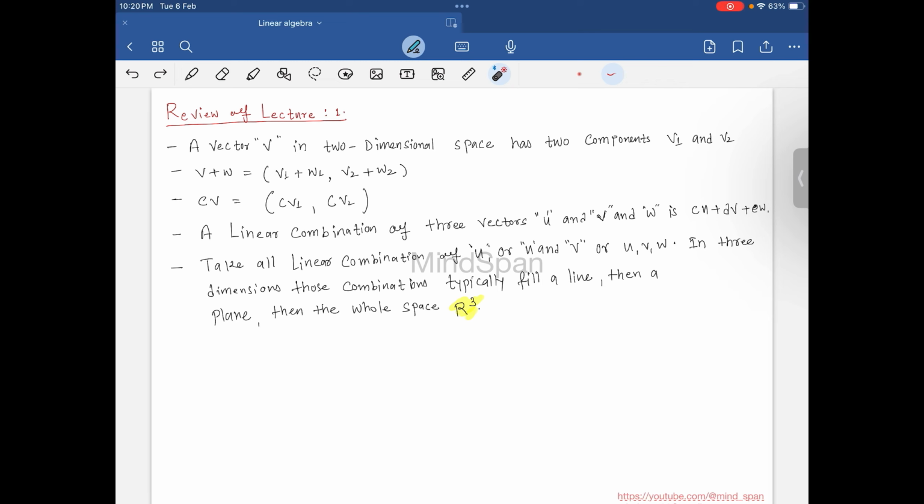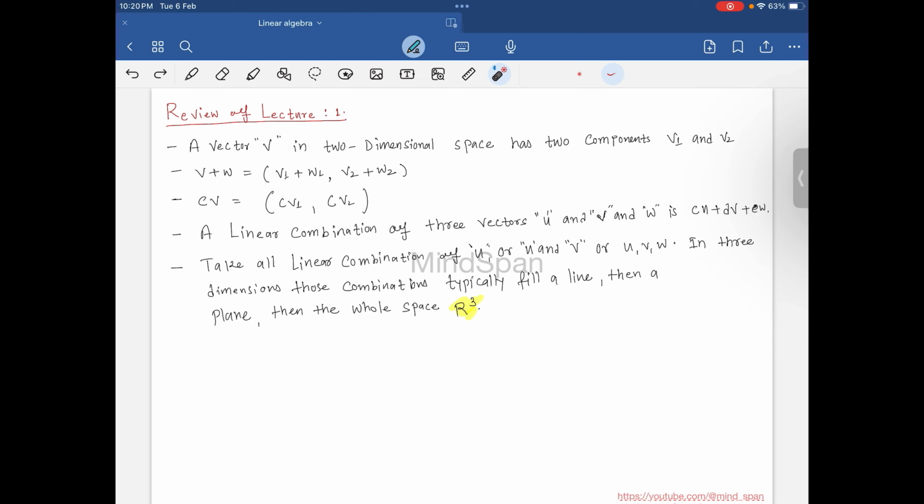So in the last lecture, the first point, I talked about the vectors. A vector v in two-dimensional space has two components, v1 and v2, right? Similarly, if I ask you to give me a vector from three-dimensional space, then it will have the three components v1, v2 and v3.